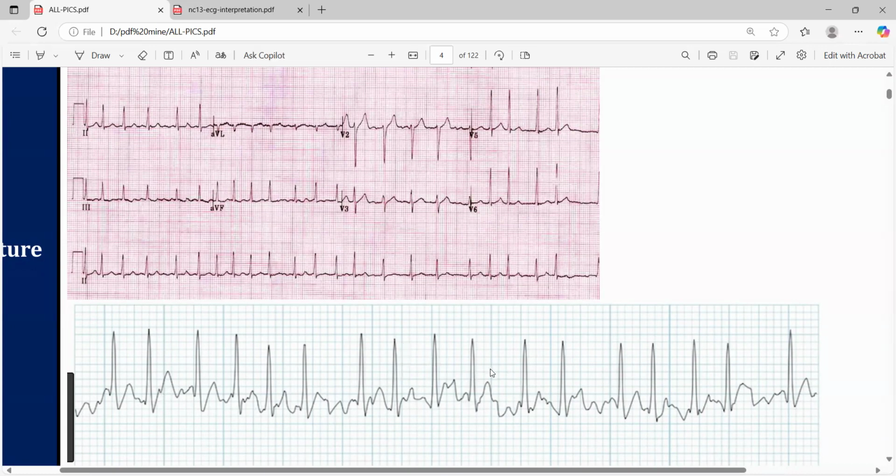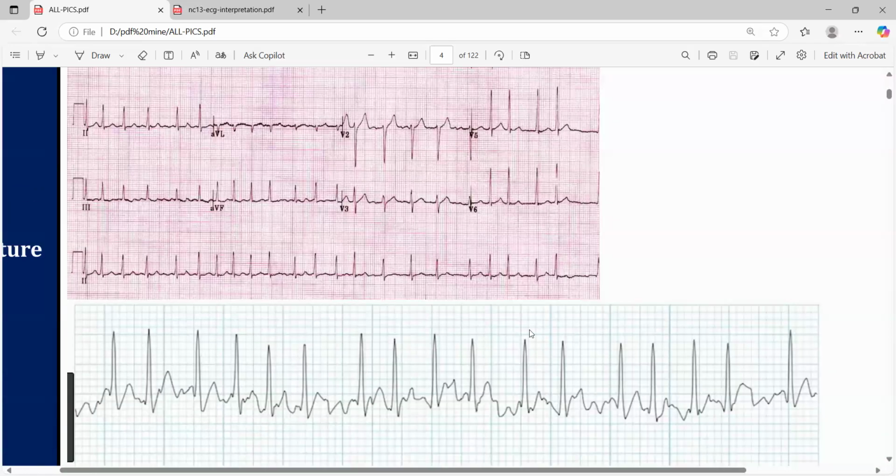Some have 2 boxes, some have 1 box, some even half a box. At least 3 of them should have different boxes. So there is a little bit more prolongation here, and here. So I calculated from here to here. You can see these 2 or 3 show the irregularly irregular rhythm. This is basically atrial fibrillation. I hope this makes sense.